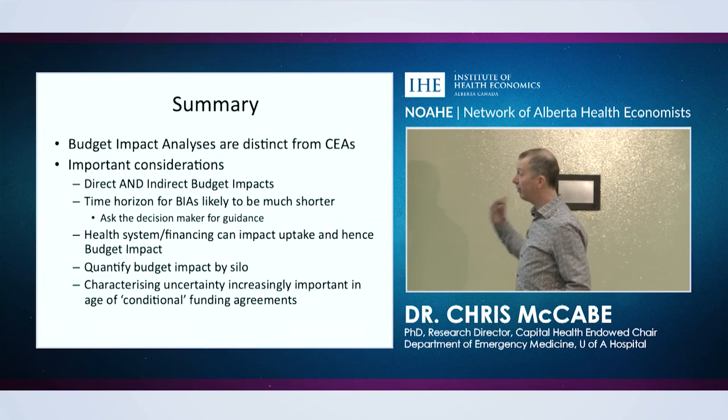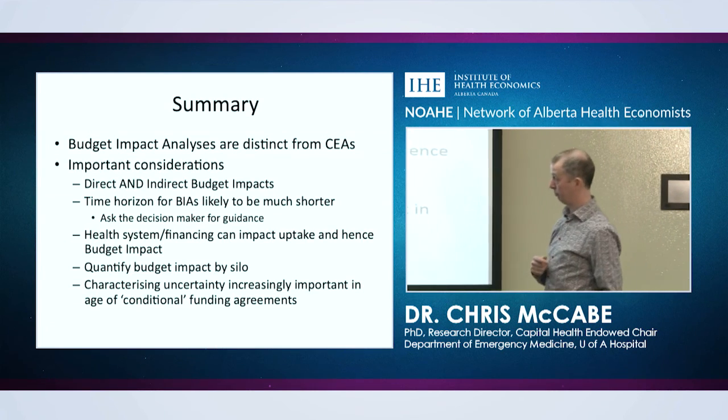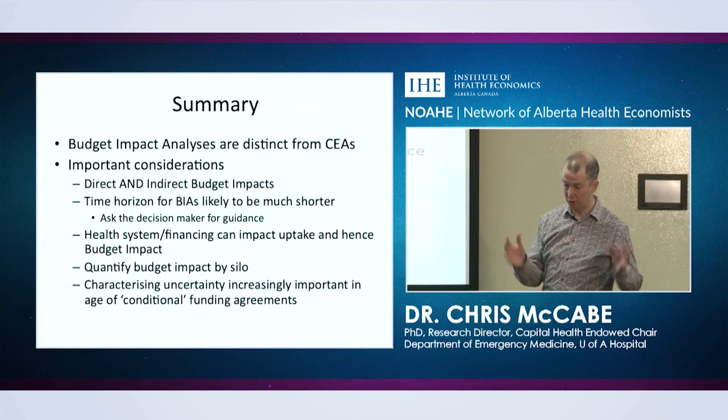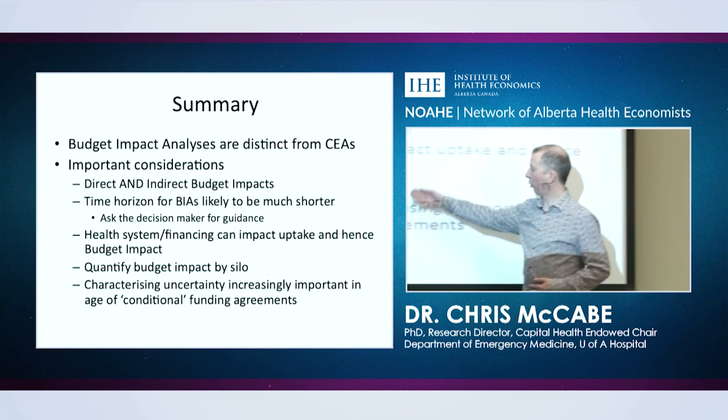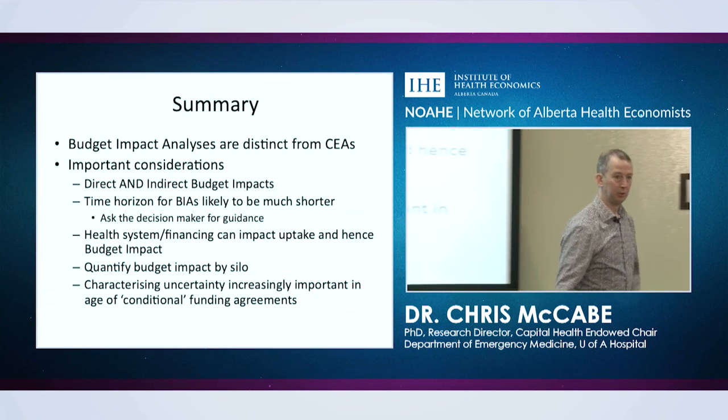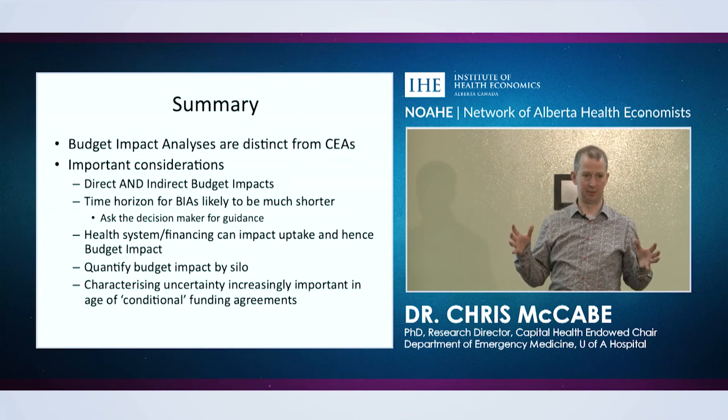You need to think about what they currently get, because it's probably not confined just to the technologies that were included in the economic evaluation. I would say quantify budget impact by silo for all silos. Okay?